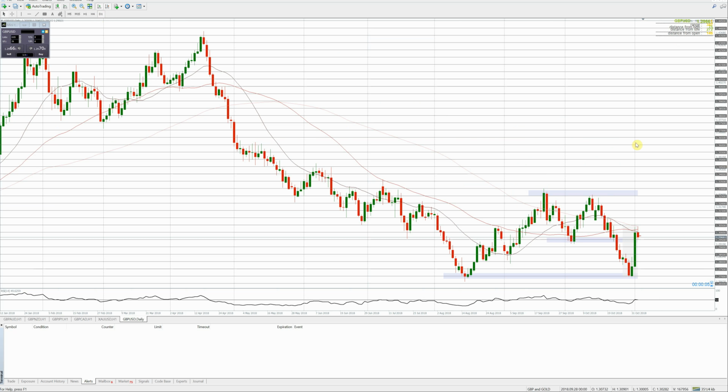So those are the things I will look for next week. Either we get back down again to 1.27, or the currency may continue back up to 1.325 levels. Okay.